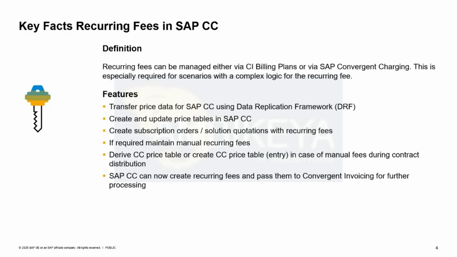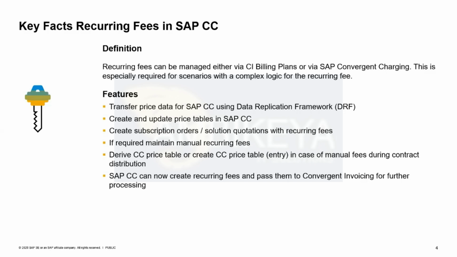Here the recurring fee is charged, discounted or calculated differently based on usage data. This scenario cannot be handled with CI bill plans, so we reintroduced handling of recurring fees from convergent charging.